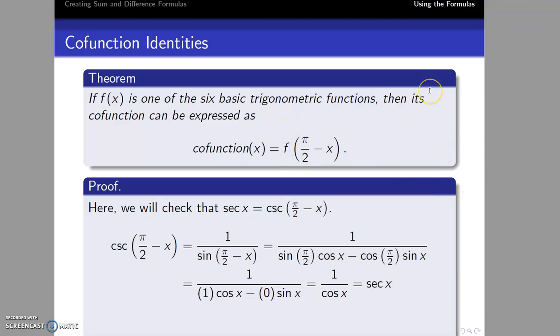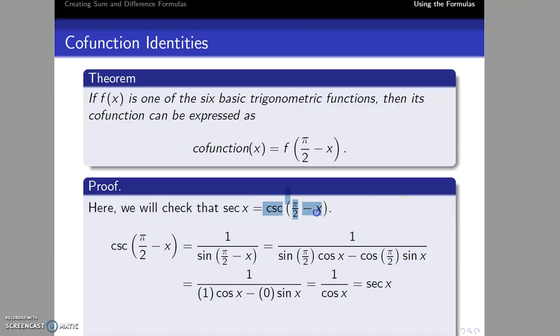And the theorem states that this is true for all of them. And so you can do this for all 6. We have one proof line out here for just the one. We're going to show that for cosecant, its cofunction, secant, can be expressed as cosecant of pi over 2 minus x. And here's how we're going to do it.